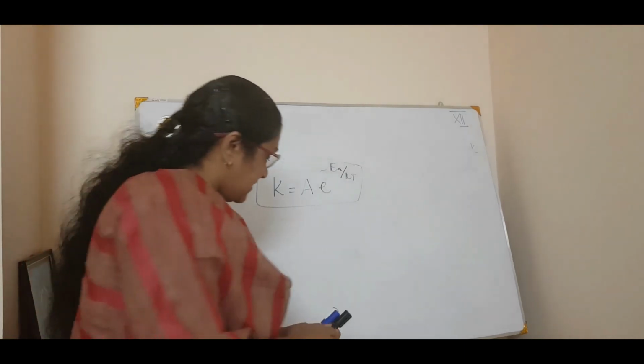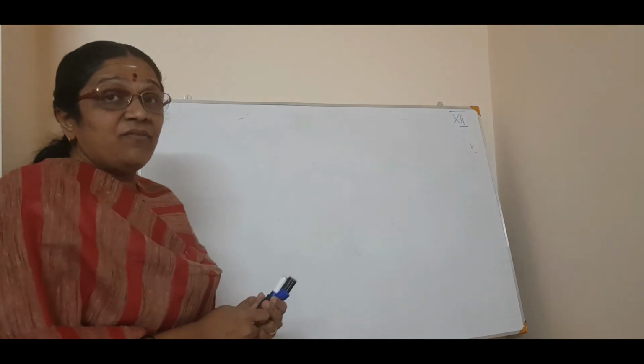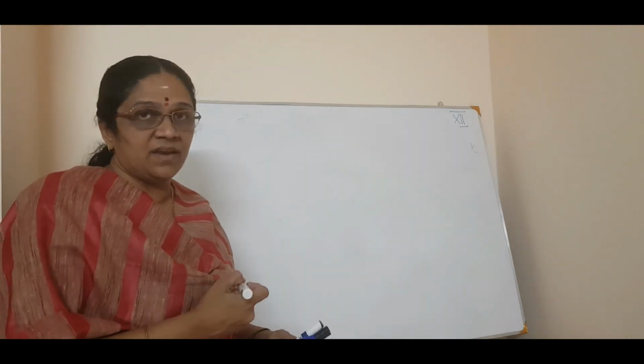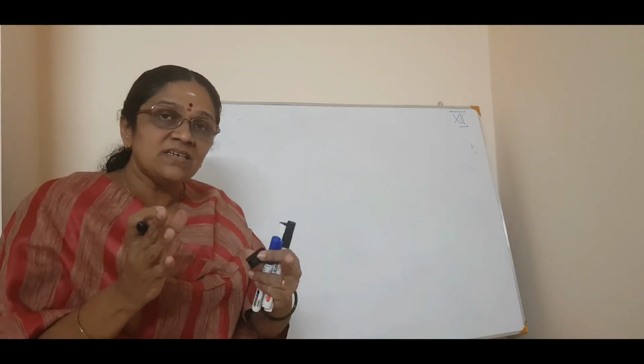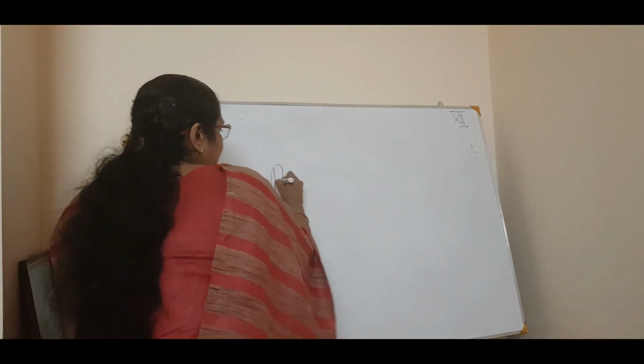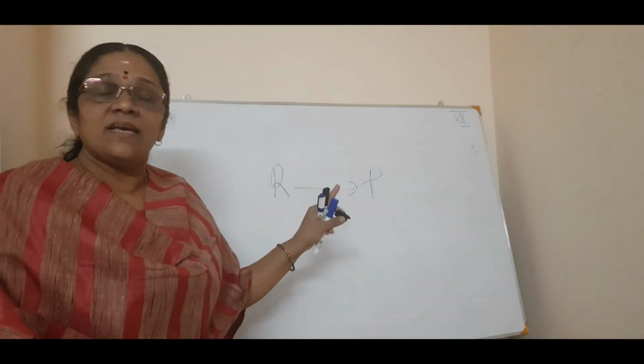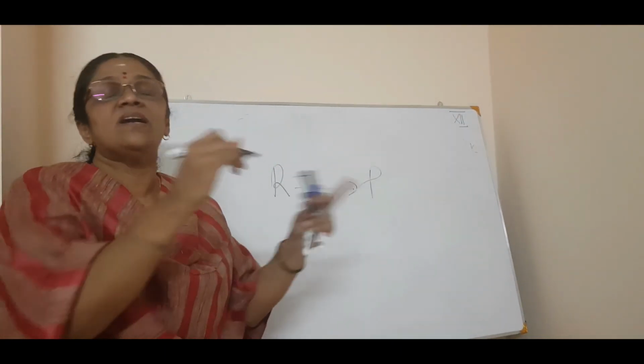And one more thing, the last thing is, see, here we have to consider the collision theory, or how a reactant is converted to product. A simple thing. Listen, when a reactant is getting converted to product, it does not simply convert into product.